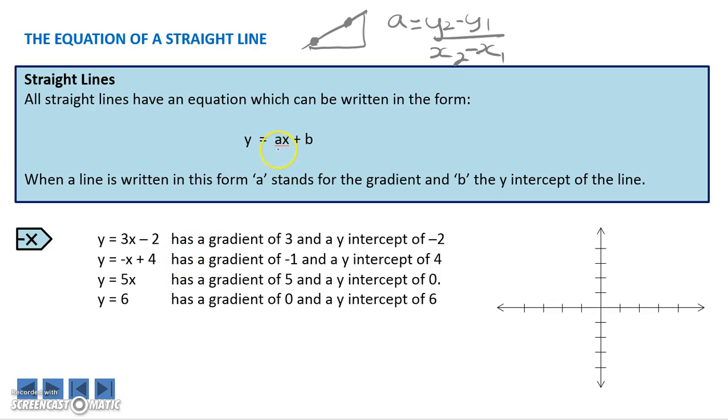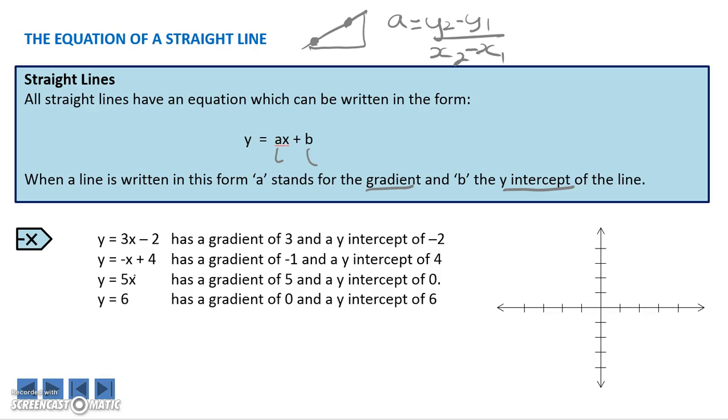The a is always our gradient, and so this is the number that is next to the x term, or you would consider that to be multiplied to the x term. The other one is our y-intercept, and that is always the number, and in this case it's added to the x term, or it could be in some other cases like over here subtracted from the x term.